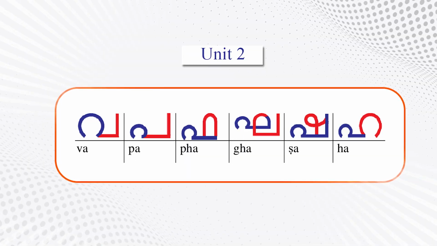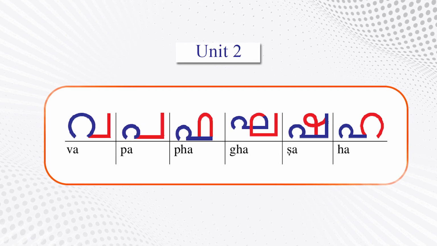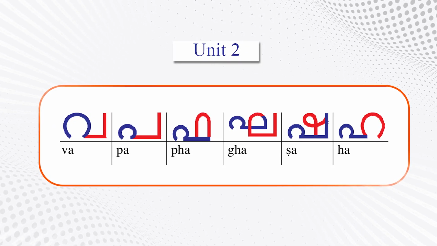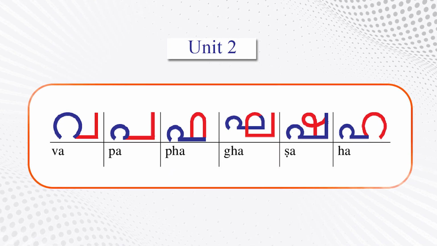In this group there are 6 letters. These letters also have been grouped based on their shapes. All letters in this group are consonant letters. Vyanjanam is the Malayalam word for consonant.